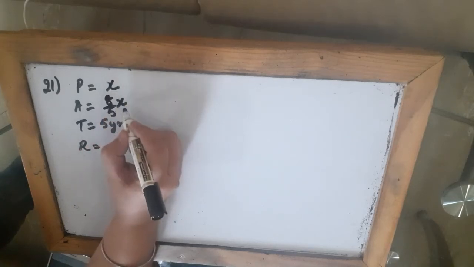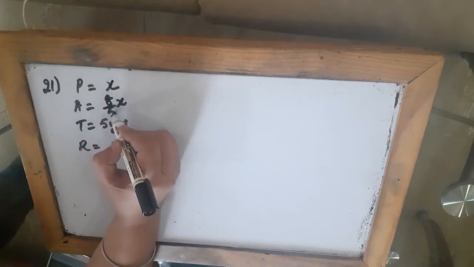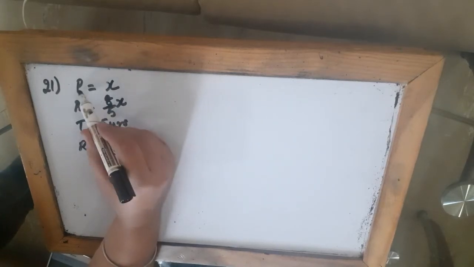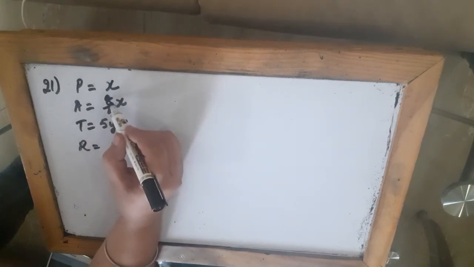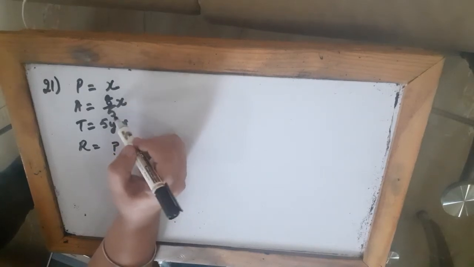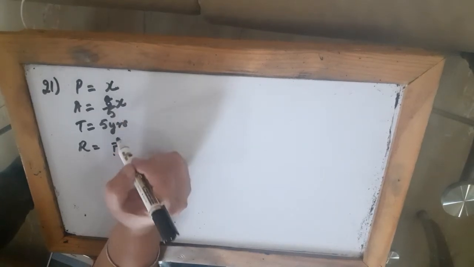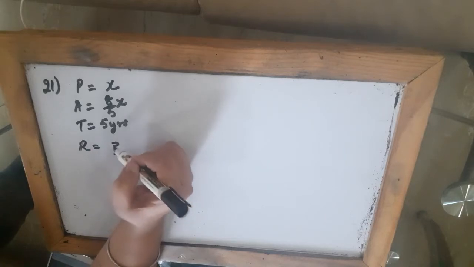Itself means x, so this sum of money becomes this much. So this is the amount. I have taken principal as x, and the amount is 8 by 5 x in 5 years at a certain rate of simple interest, and we have to find the rate of interest.